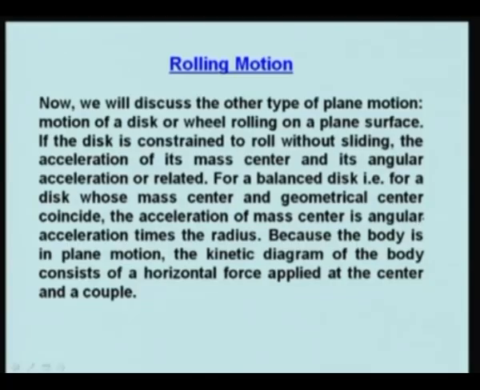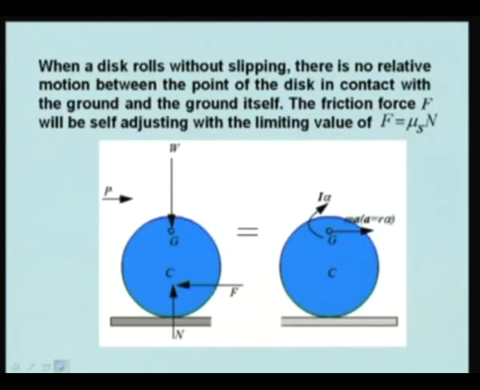In that case the acceleration of the mass center is the angular acceleration times the radius. Because the body is in plane motion, the kinetic diagram of the body consists of a horizontal force applied at the center and a couple.